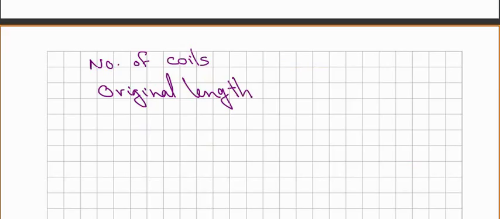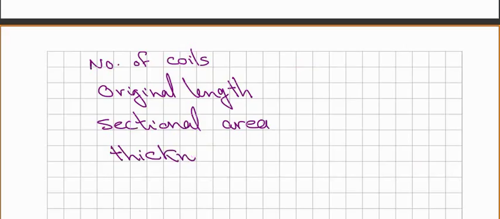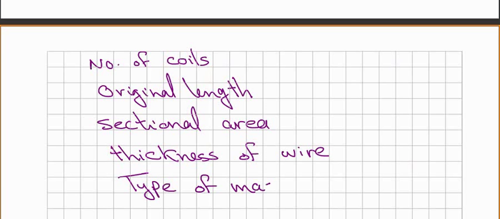And since we are talking about a spring, it's also important to consider the variables affecting the behavior of a spring, like the number of coils of the spring, original length, or unstretched length, cross-sectional area, thickness of wire, type of material, and room temperature.